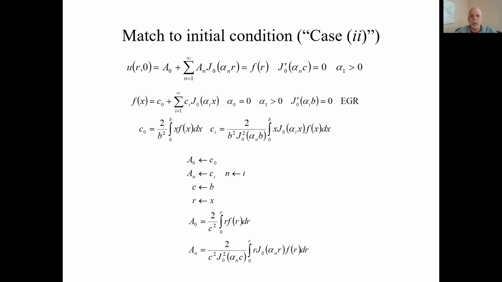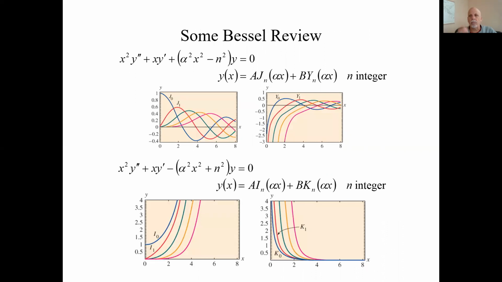Let me skip ahead quite a bit. Let's get back to Bessel functions and Bessel equations and modified Bessel equations and modified Bessel functions. Here is the Bessel equation for integers.